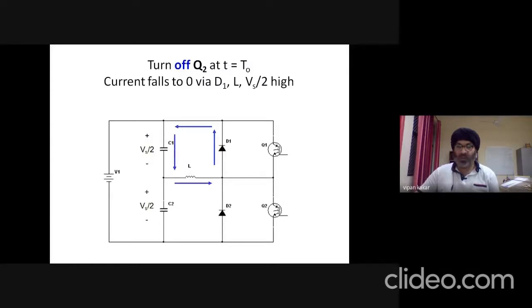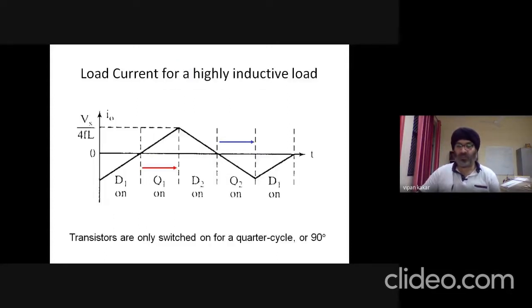And during Q2 turning on, the direction of the flow of current through this load is from left to right. So it is opposite. So it is always alternating between left to right or right to left and vice versa. So the presence of inductance will give us the ramping up and ramping down of the load current.